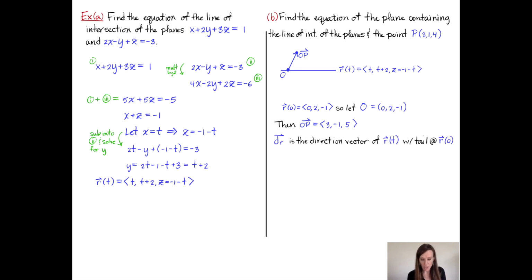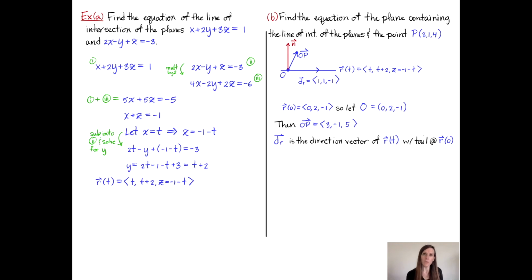So sketching our direction vector now, the direction vector of this line is (1, 1, negative 1). Now we have our two vectors, and we can use them to find the normal vector.